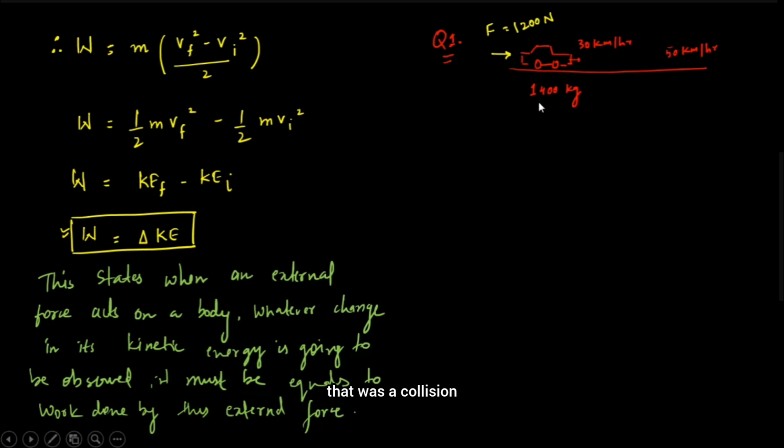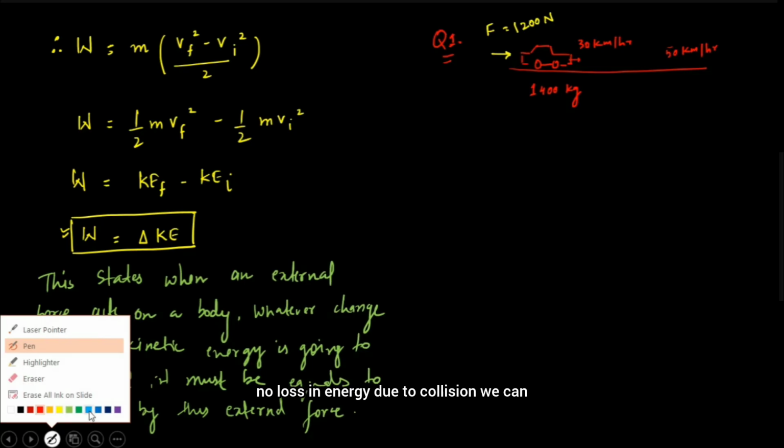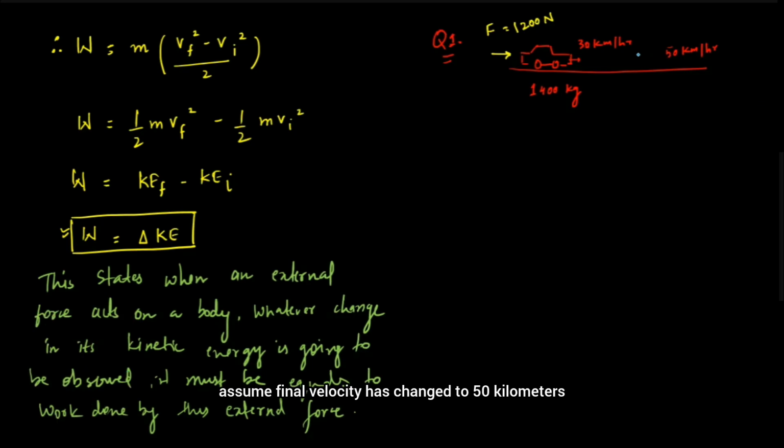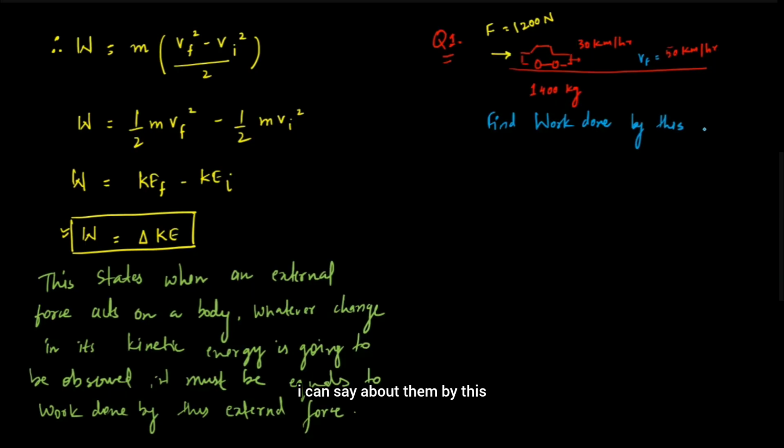That was a collision, which you can say is an elastic collision, so there must be no loss in energy due to the collision. We can assume the final velocity has changed to 50 kilometers per hour. The question is to find the work done by this force, I can say the work done by this collision, on the car.